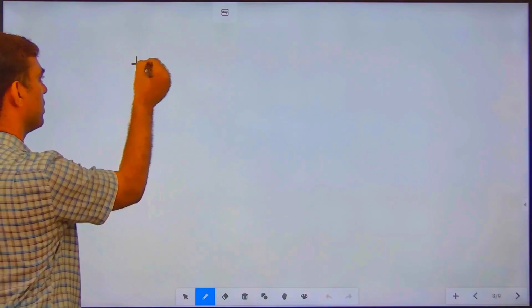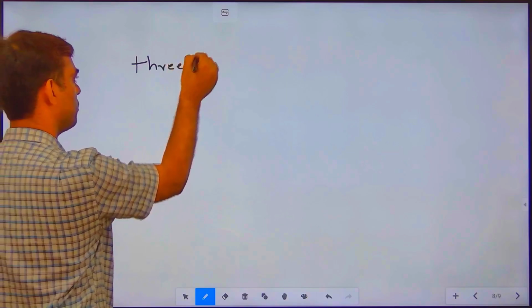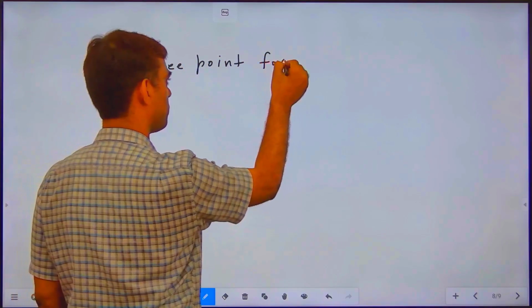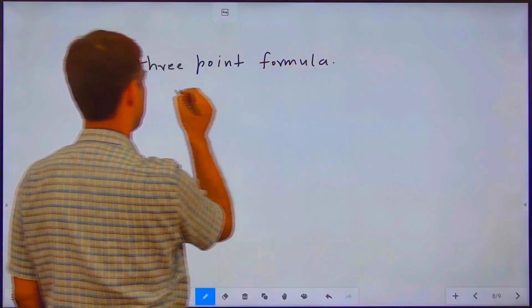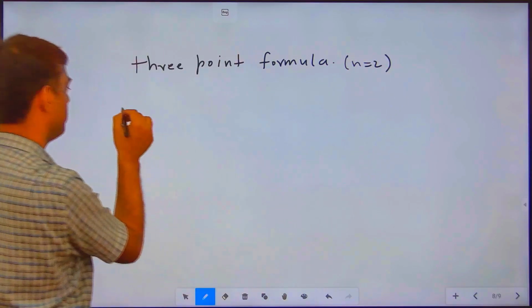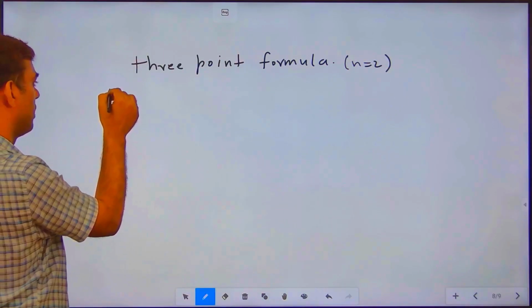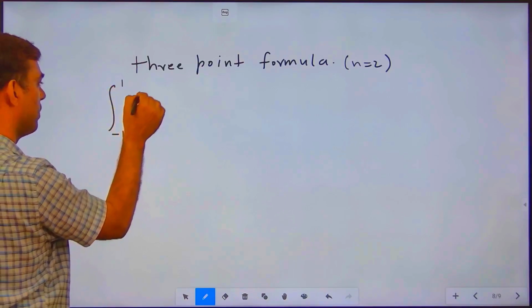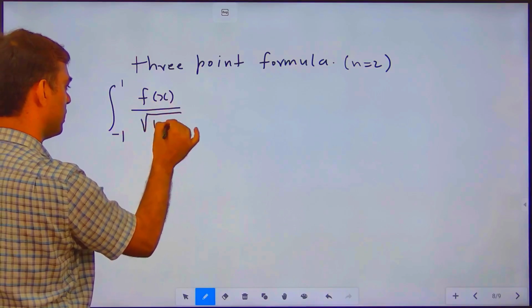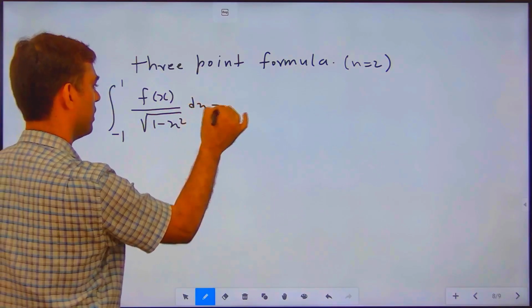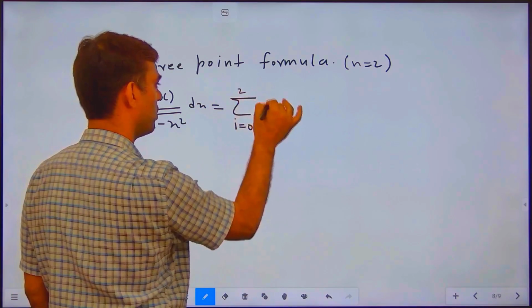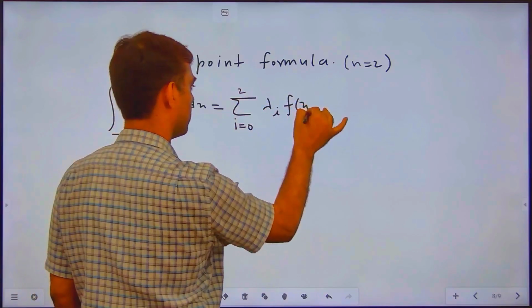If n equal to 2, then we may write the integral from minus 1 to 1 of f(x) upon under root 1 minus x square dx equal to the summation i equals 0 to 2 of lambda i f of xi.